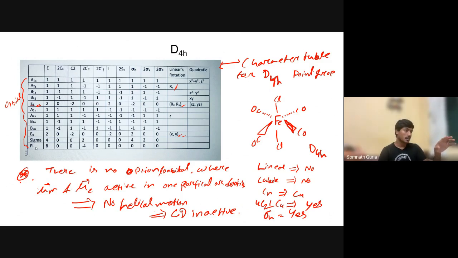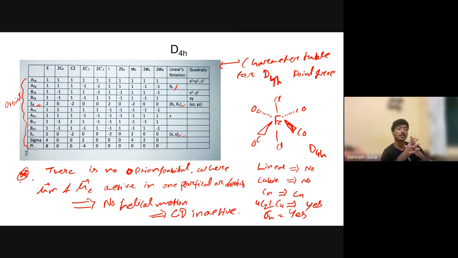Rx and Ry are active in Eg, but x and y are active in Eu. For Rz, A2g is active, and for z, A2u is active. Both are in different symmetry operations. So in that case, this molecule is not active in CD spectrum.